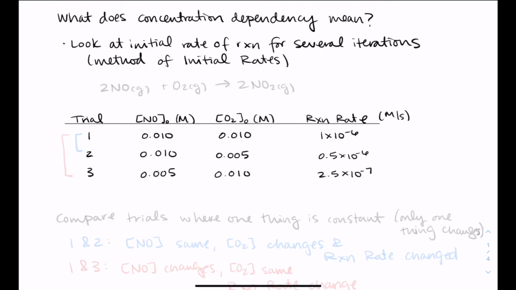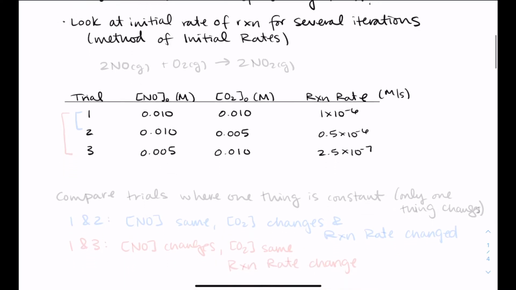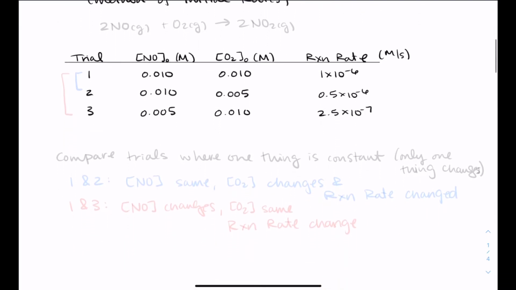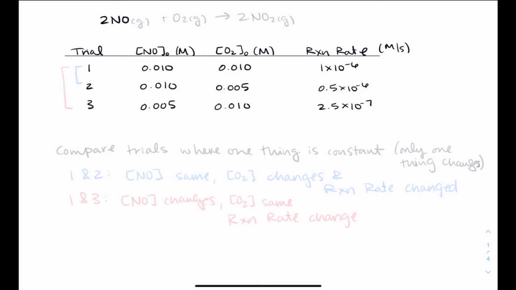So, method of initial rates. You look at the initial rate of reaction for several iterations and see how the rate changes as the concentrations change. So I'm going to give you this table for 2NO plus O2 turning into 2NO2.